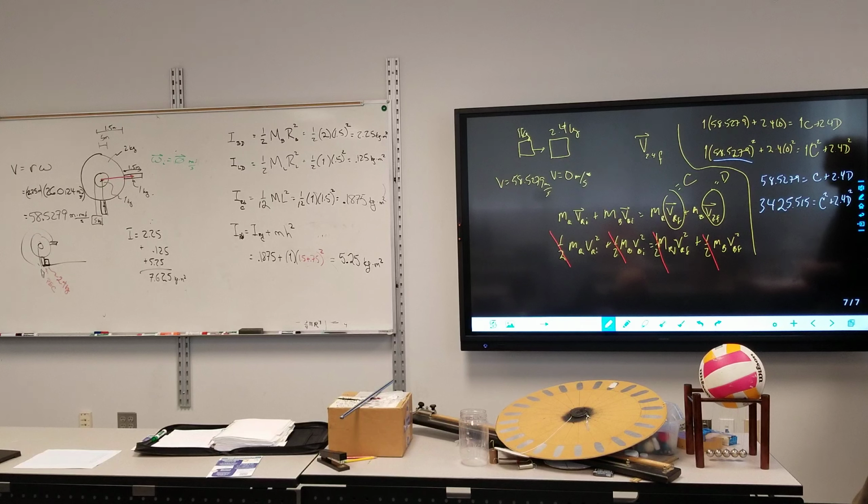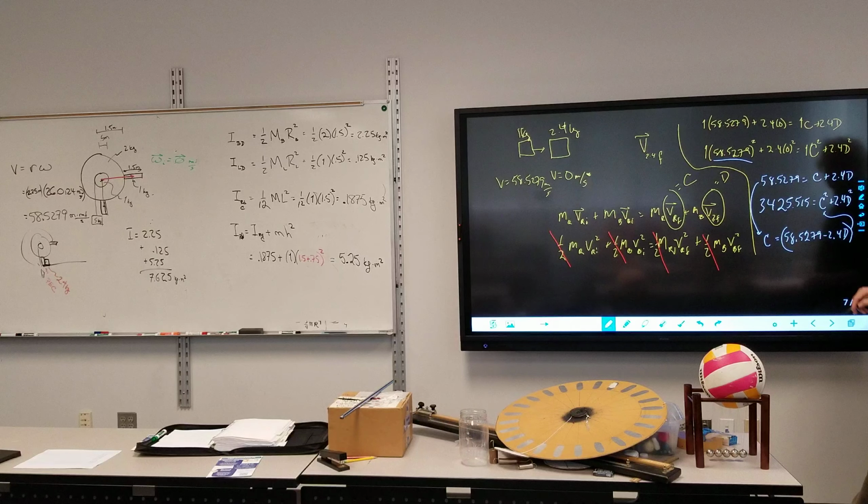All right, 2 equations, 2 unknowns. Probably simplest to solve for C and plug in. So from the first equation, C equals 58.5279 minus 2.4D.